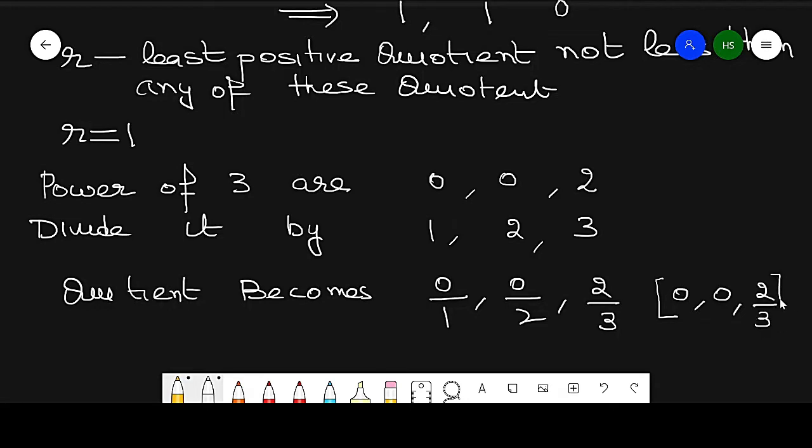Now what is my aim? To find the least positive integer not less than these. This is 0, this is 0, this is 0.67. The least positive integer not less than these three numbers is 1. So the value of s is again 1.